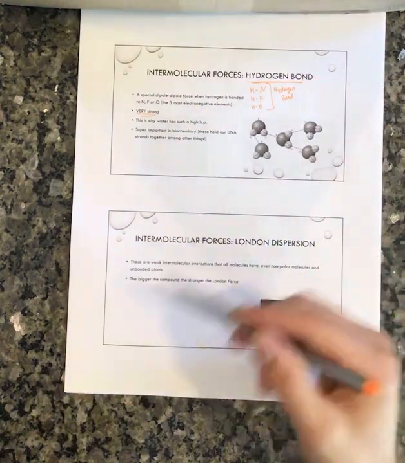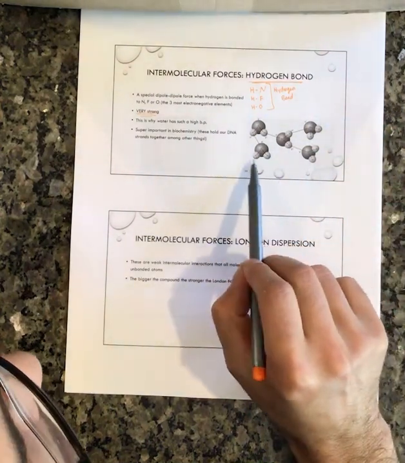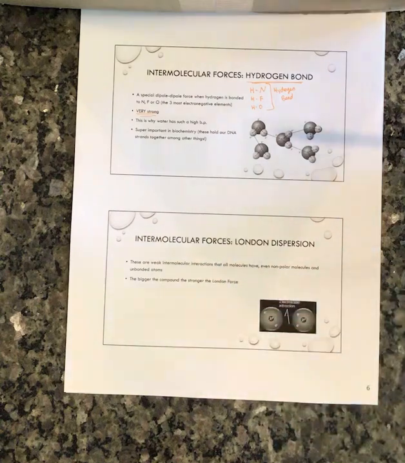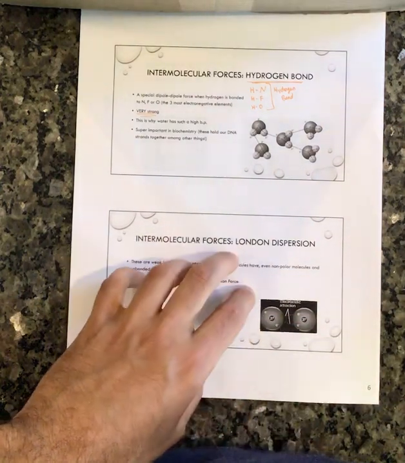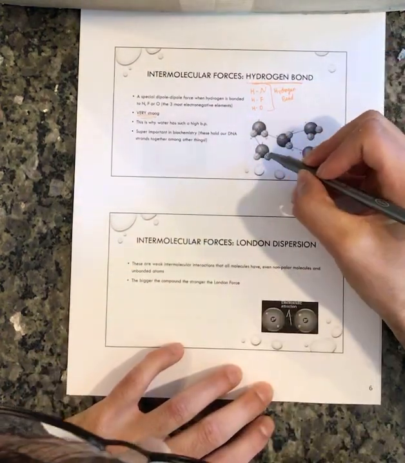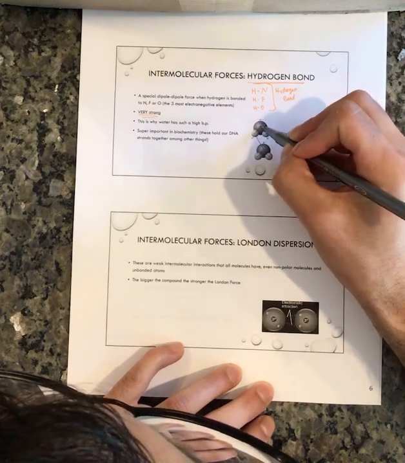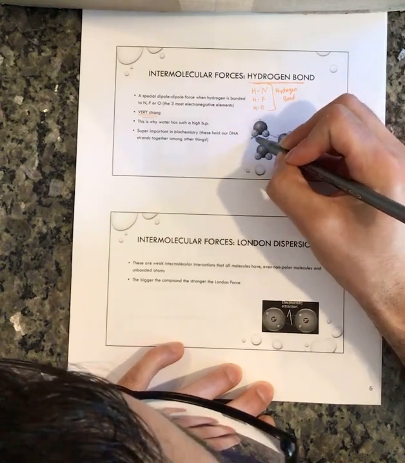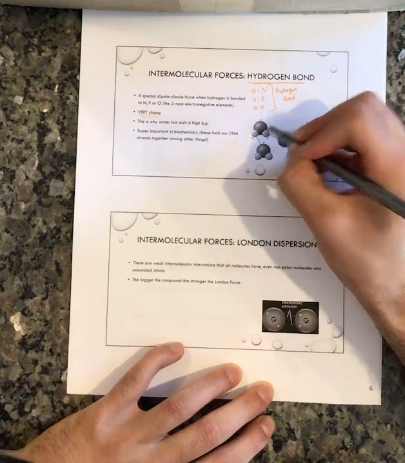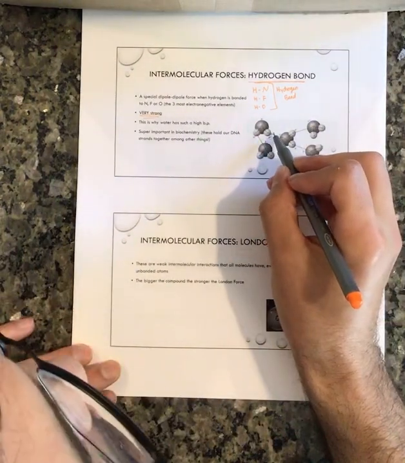Now, it's the exact same idea as your dipole-dipole force. So if you take a look at this compound here, and if you can't see it very well, if you go into your lesson, you'll be able to get a better idea. But here are H2O molecules. If I look at this one here, oxygen is delta negative and hydrogens are delta positive, due to the electronegativity values. And it's attracted, same as before.